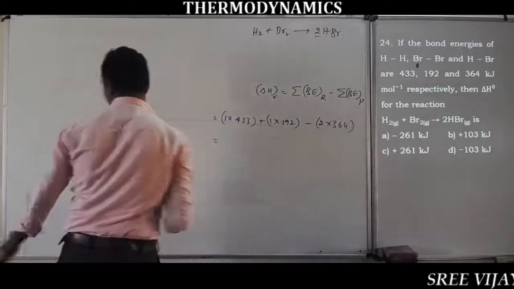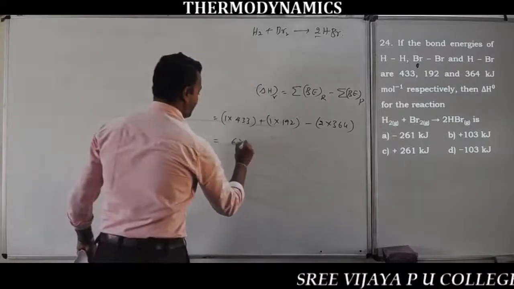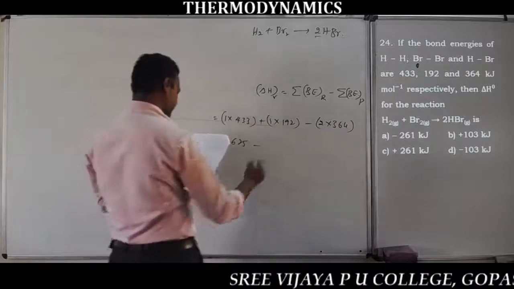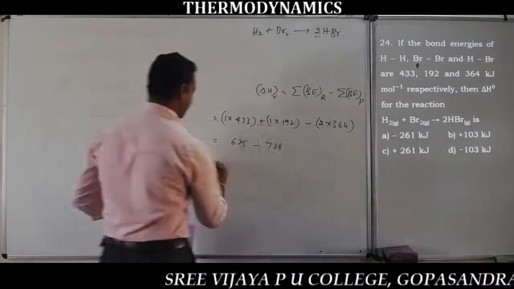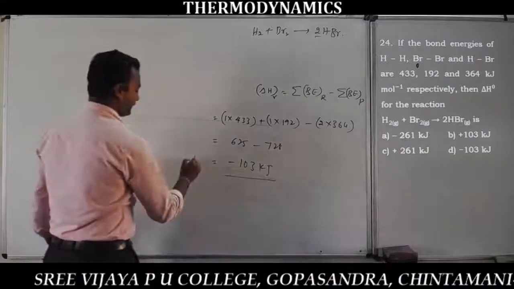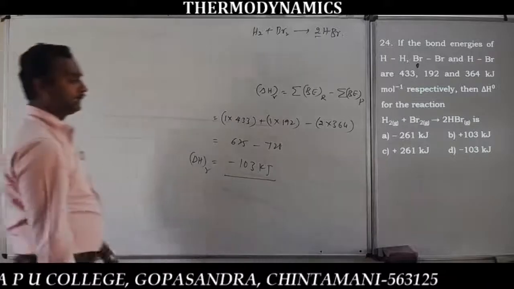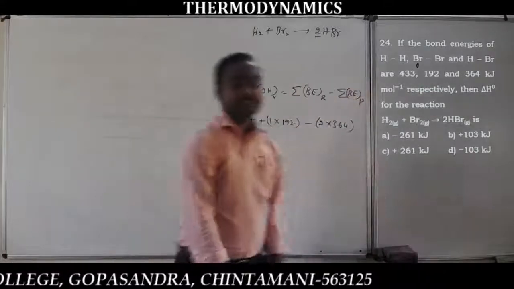So 433 plus 192 is 625, minus 2 into 364, that is 728, gives minus 103 kilojoule. That is the delta H of reaction, minus 103 kilojoule per mole. Option D is the correct answer.